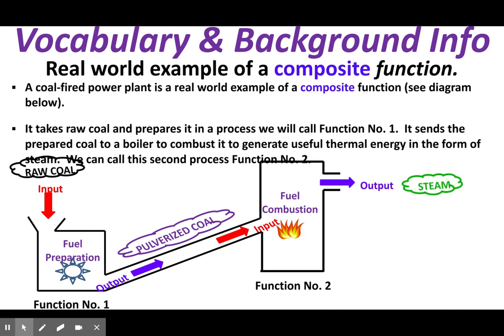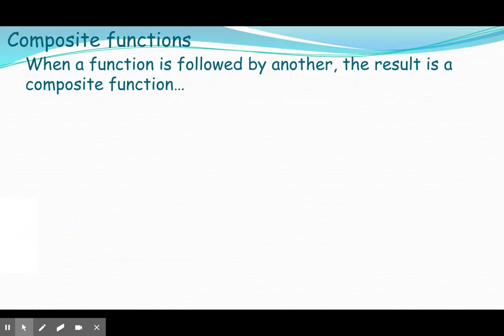What's not included in this diagram is that steam goes into the turbines and turns them, which provides power and electricity to millions of people in the United States of America. So the process of turning raw coal into steam, into electricity that all of us enjoy, is an example of a composite function.